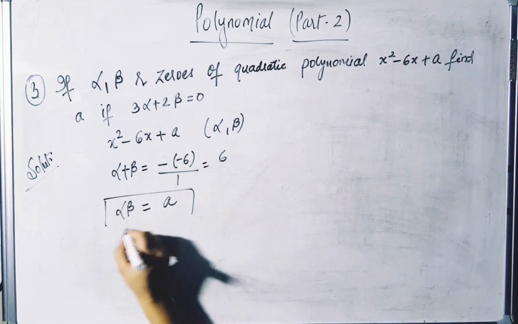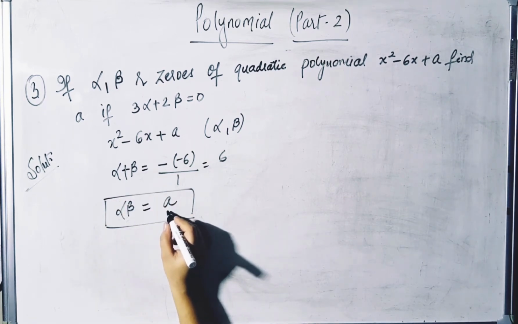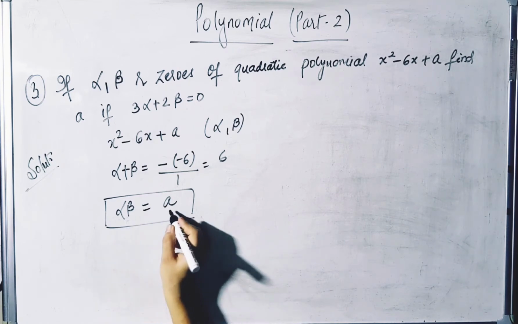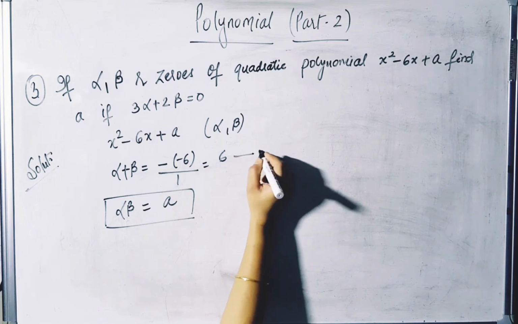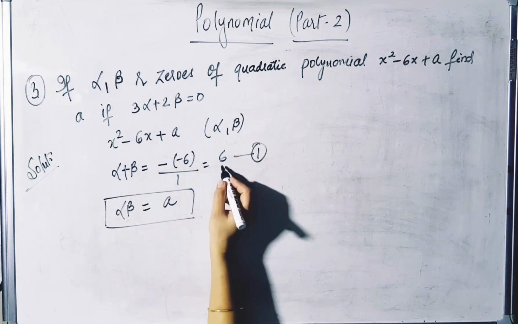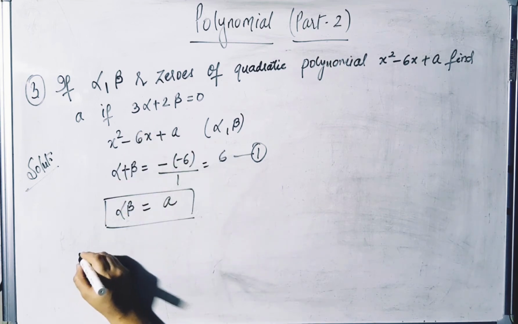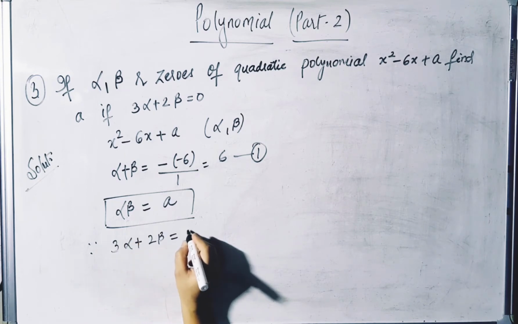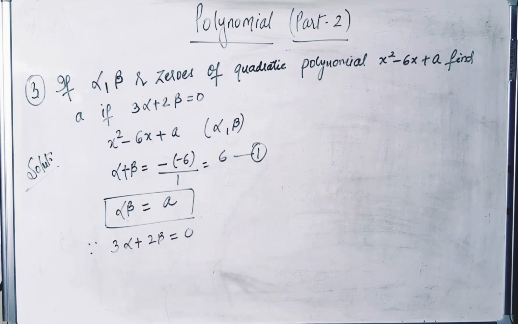Now it is clear that if we want a, we should know alpha and beta, because the product of these two is a. We know alpha plus beta is 6. Now according to the given question, 3 alpha plus 2 beta is 0. So now we have two equations over here.